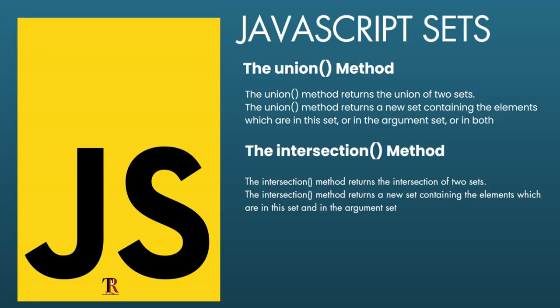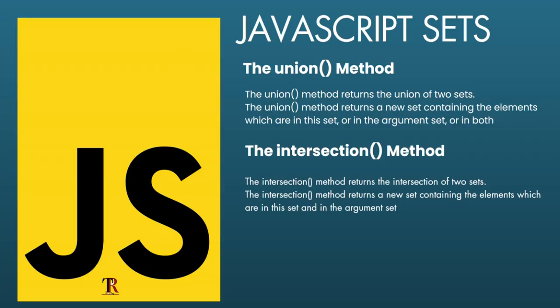And then we have the intersection of sets, which means what is contained in an instance of one set and is also contained in the instance of another set. That is what intersection simply refers to in traditional mathematics, and there are many other ways of working with sets in JavaScript.